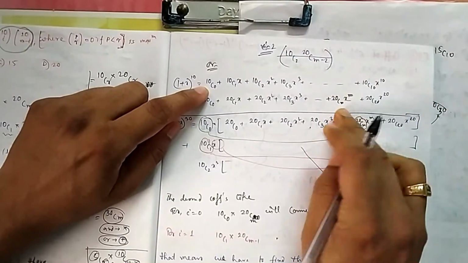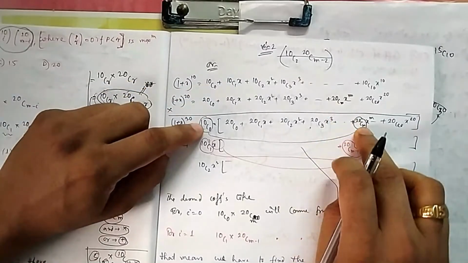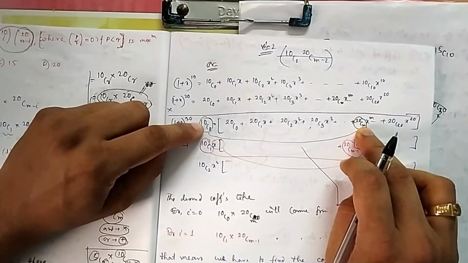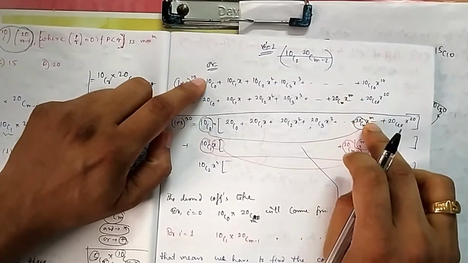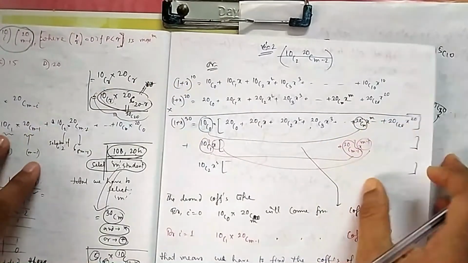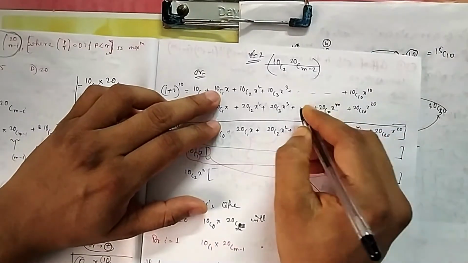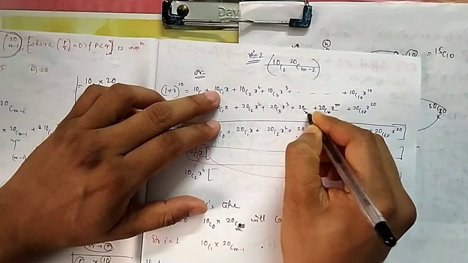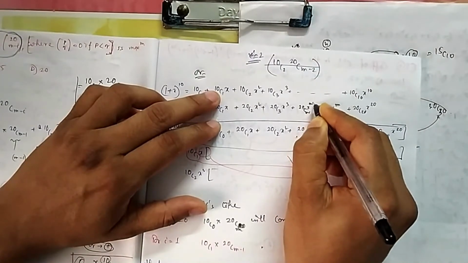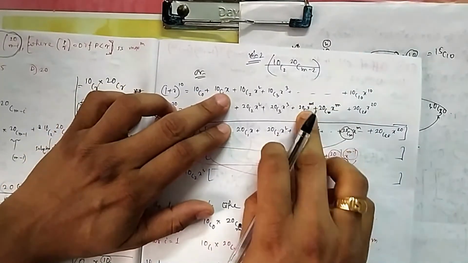Now if you take the product of these two, 10C0 into 20Cm, what is the term? What is the power of x? The power of x is m. Now the second one, 10C1 and 20C(m minus 1), will be somewhere here, x to the power m minus 1. If you take the product again, it will be x to the power m.